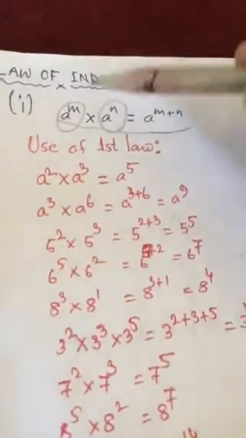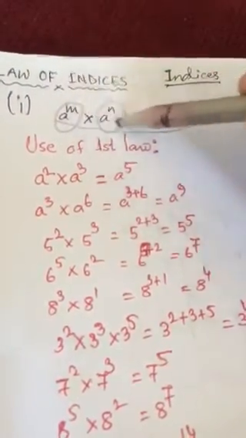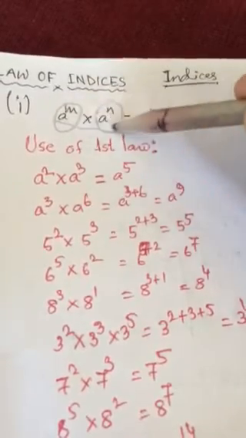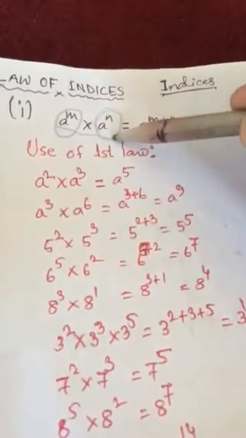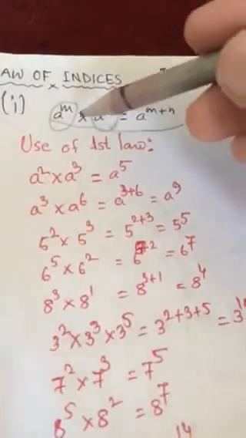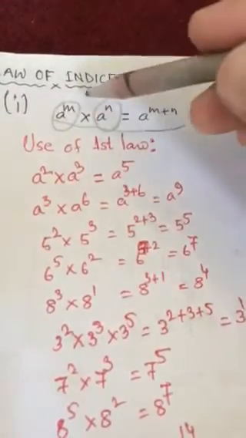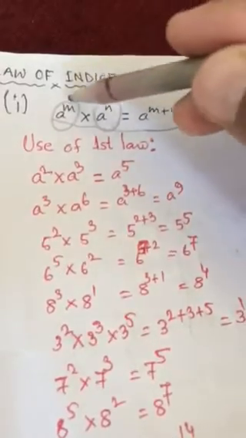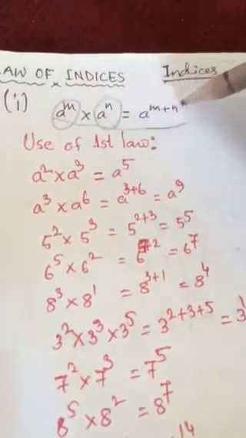When we multiply two variables having the same base, the powers are added. So here a is the same, a remains a, and the powers are added: m plus n.